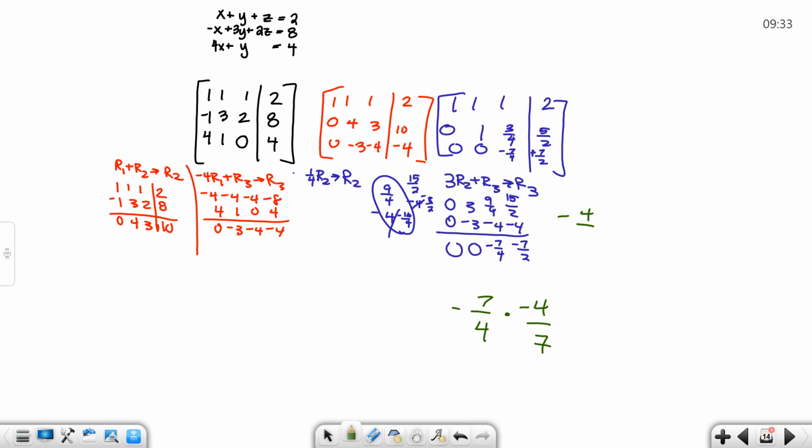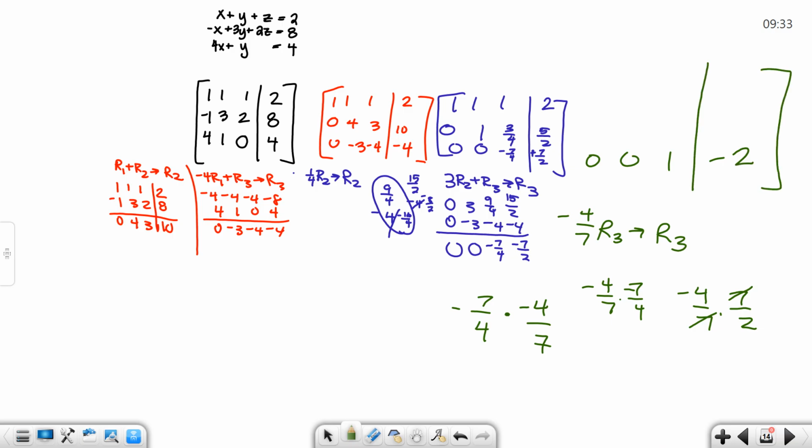So if I said -4/7 row 3 gives me a new row 3, I would say -4/7 times 7/4 times -7/4. There we go. So that would give me a 1. And -4/7 times 7/2 would give me a -2.